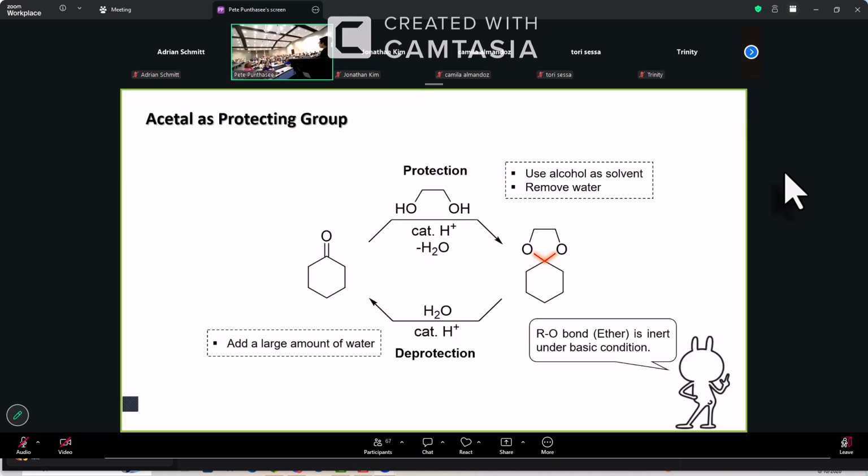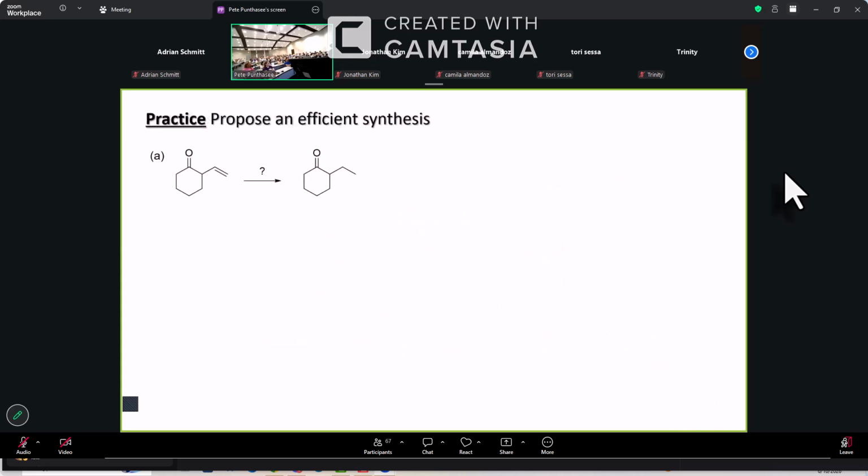We use ethylene glycol in a situation like this. Look, that's something familiar. Do you know how to convert an alkene to an alkane? Come on, you're gonna know this reaction. We call this hydrogenation. Remember that?